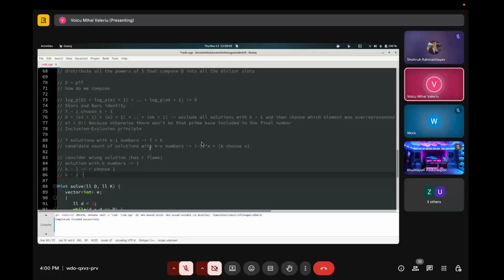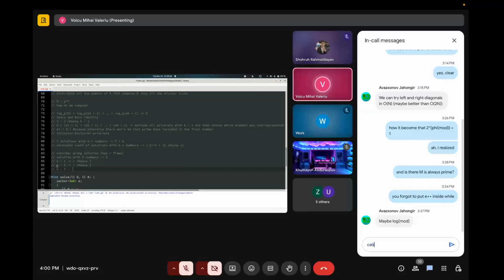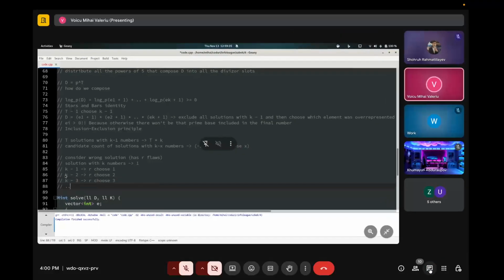And if we have k minus 2, then we can choose any of these two elements to be the actual flows. While there are still some flows in the original solution with k minus 2, we add two more to get to the final wrong solution. So basically we choose out of the final wrong solution which of these two flows we actually calculate. And for k minus 3, we have R choose 3, and so on.